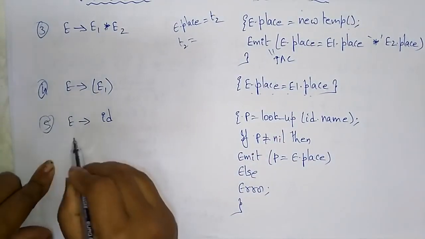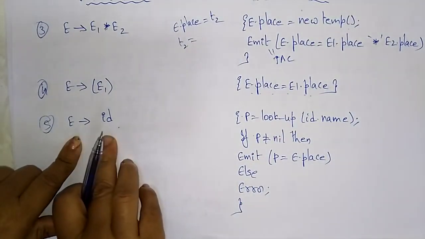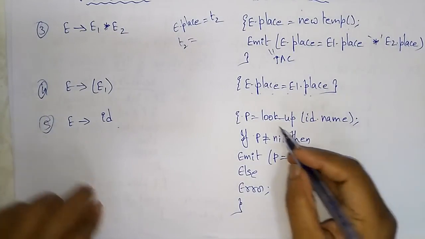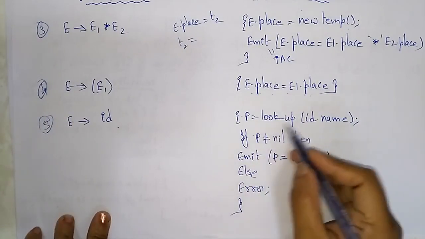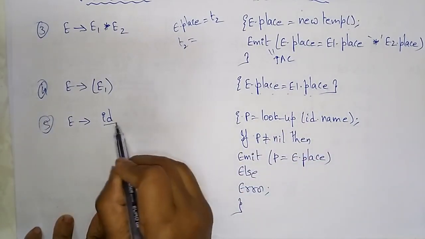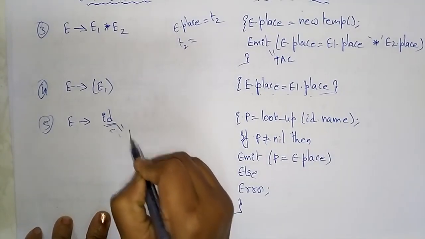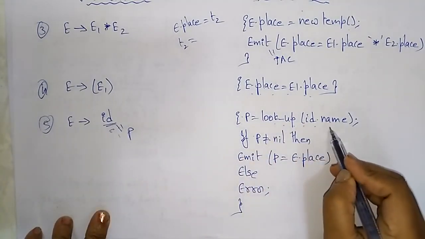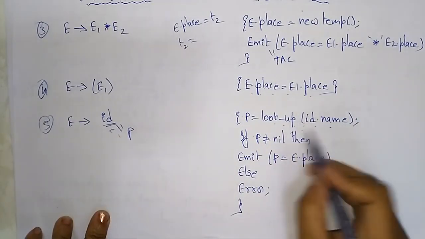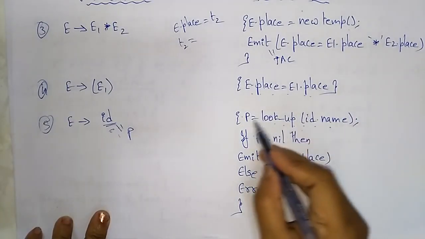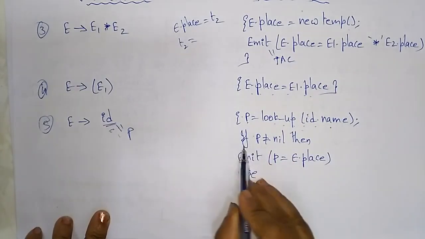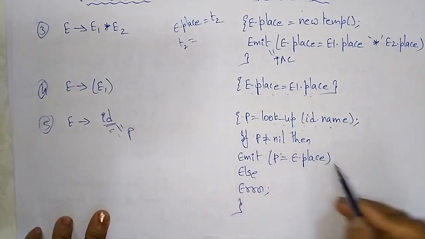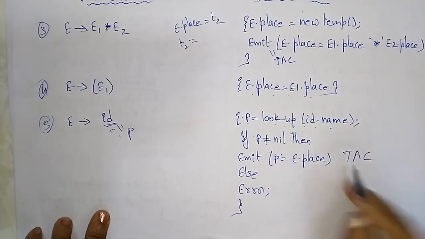Next, the fifth, E determines id. Whenever the id is present, again you have to check the symbol table, lookup. Id means a value, and this should be assigned to P. So P is lookup of id dot name. If id dot name is present in the symbol table, that entry will be assigned to the P value. If P is not equal to null, then generate a three address code.